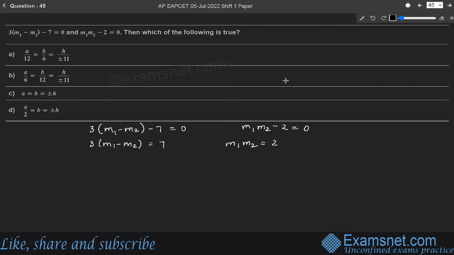We know that there is an equation of pair of lines which is ax square plus 2hxy plus by square is equal to 0. And we also know that m1 plus m2 is equal to minus 2h upon b, and m1 into m2 is equal to a upon b. So let us find the value for m1 plus m2.